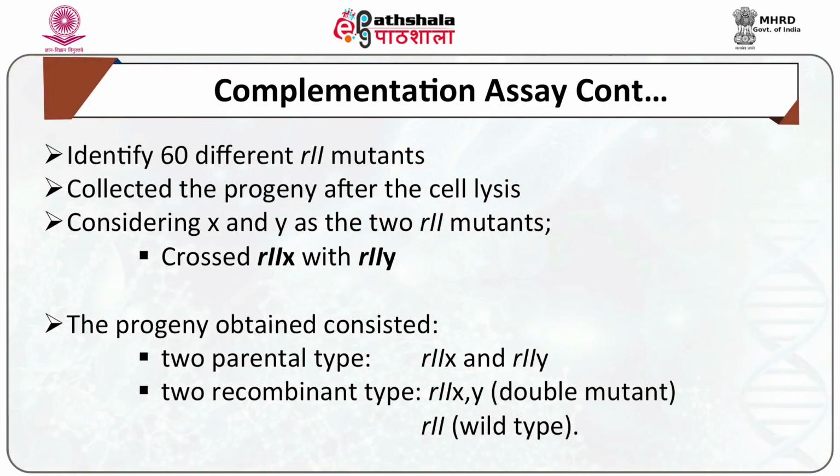He was able to identify 60 different rII mutants, which he crossed in all the possible combinations using E. coli as the host. He collected the progeny after the cell lysis, considering X and Y as the two rII mutants. Benzer crossed rIIX with rIIY, and the progeny obtained consist of the two parental types rIIX and rIIY, the two recombinant types, rIIX rIIY, that is the double mutant, and the wild type, which is only rII+.